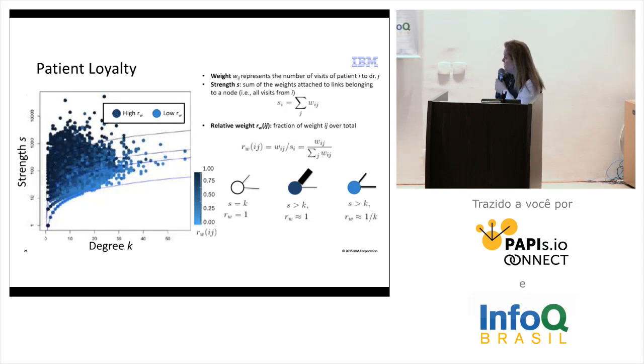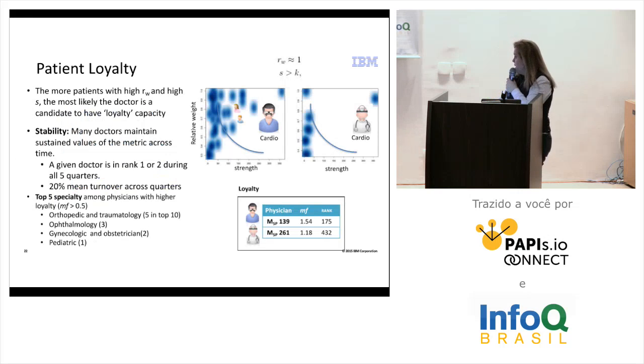And then we compute this for each physician. For each patient we get the most important physician, the one they went to most, compute this metric for each physician, and then we normalize to create a rank and also to normalize the distributions, because this is alone. Here we have physicians that appear more and others that almost do not appear. In most of the cases, orthopedic and traumatology was the most recurrent doctor.